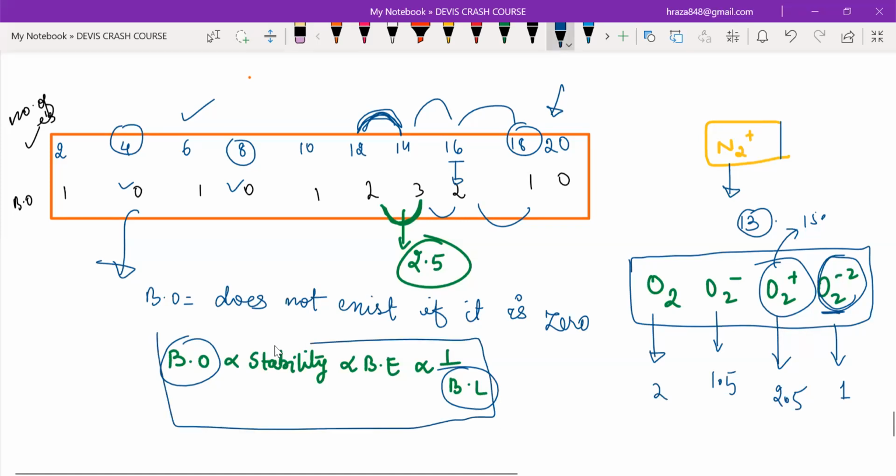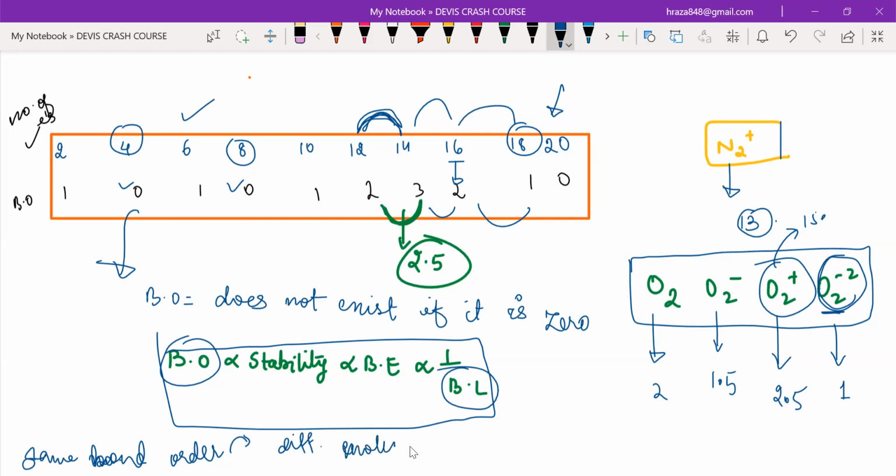In case you get the same bond order for different molecules, how do you decide which one is more stable and which one is less stable?